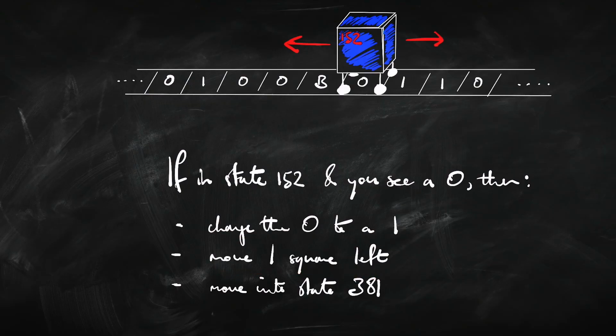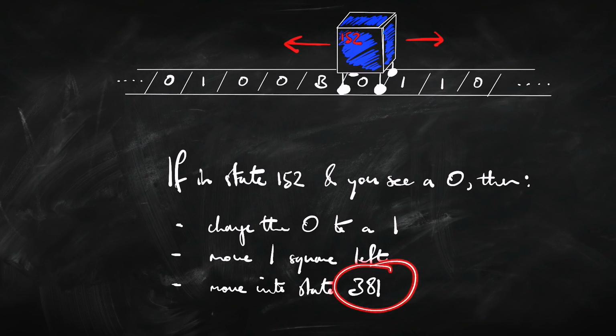It can move left or it can move right. And then it can move into a new state. Okay, so if we imagine this state as a big wheel with counters on it, you basically just kind of move the wheel round until you're in state number 381 or whatever. Super, super simple. But Turing's idea was anything that can be done by any algorithm can be done by a machine like this, by a Turing machine.